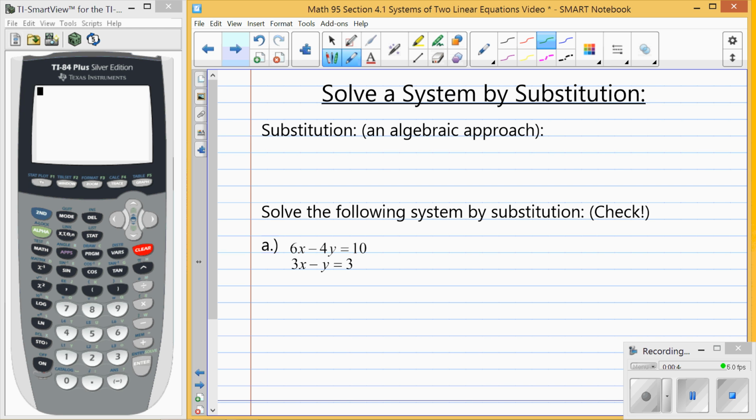So, substitution is the other algebraic approach to solving a system of equations.